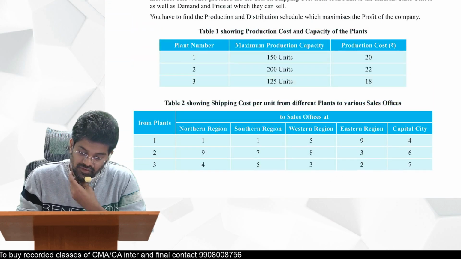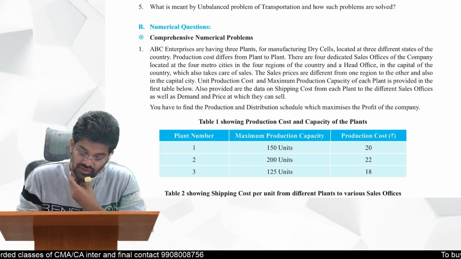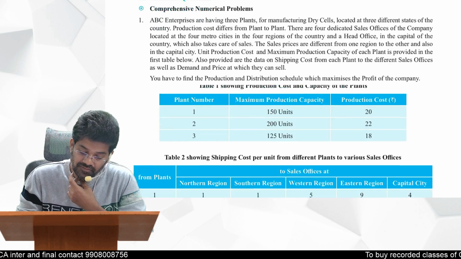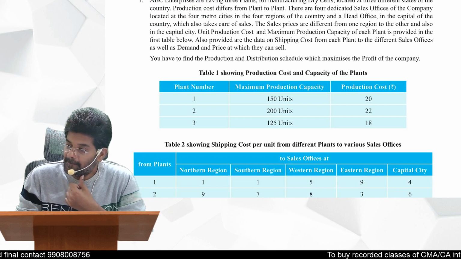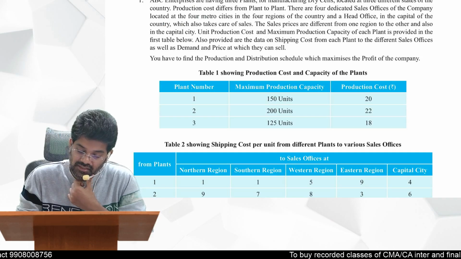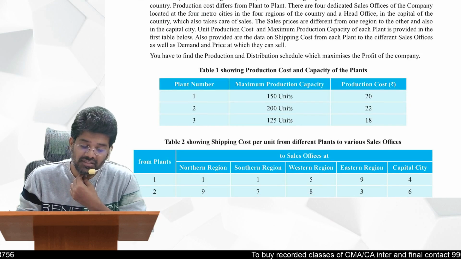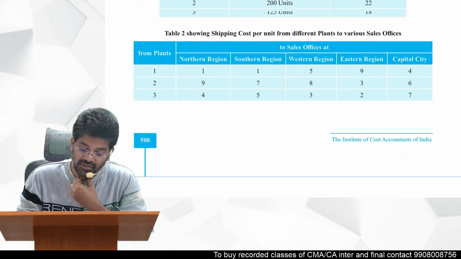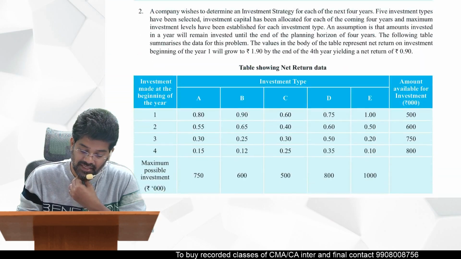Here you have a profit maximization question also. To this profit maximization, we have to convert into an opportunity cost matrix. If a maximization objective is there, then we have to convert it into minimization. We will cover special cases.